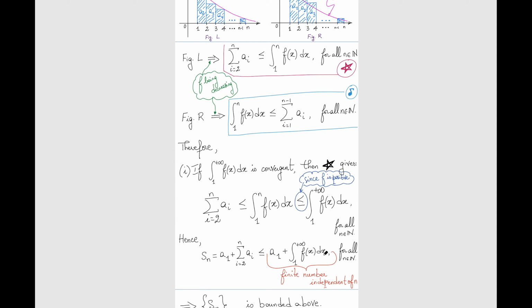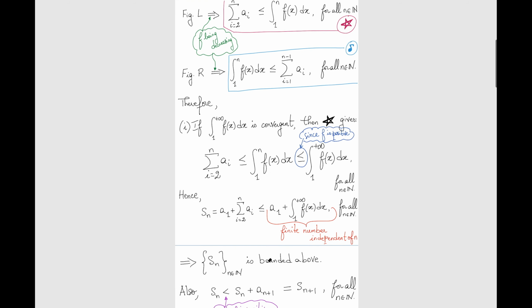N has nothing to do in this business. Correct? So Sn is at most this number for all n. So the nth partial sum is bounded above by some finite number. And this is for all n again. Makes sense? So this is what I have so far.